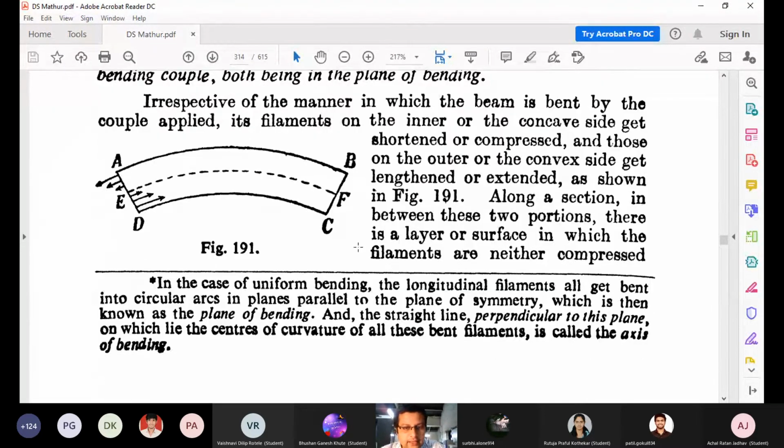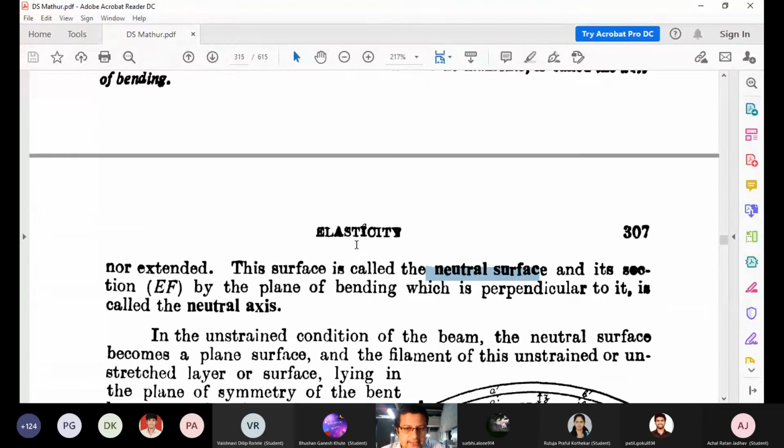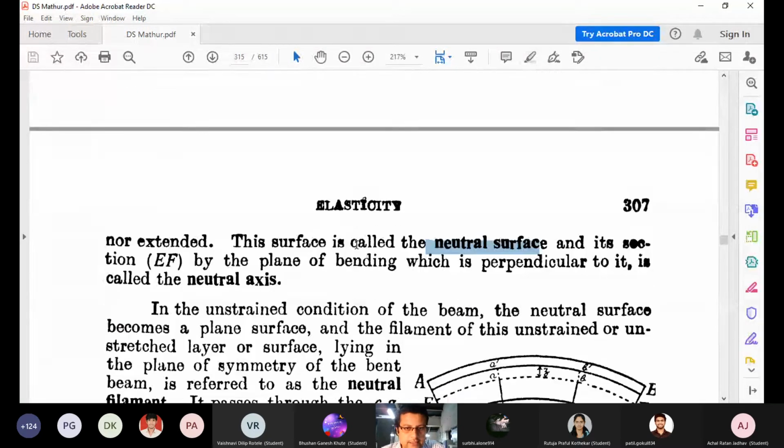So you have a neutral surface, and then a section by the plane of bending which is perpendicular to it, and that is the plane we call the neutral axis.